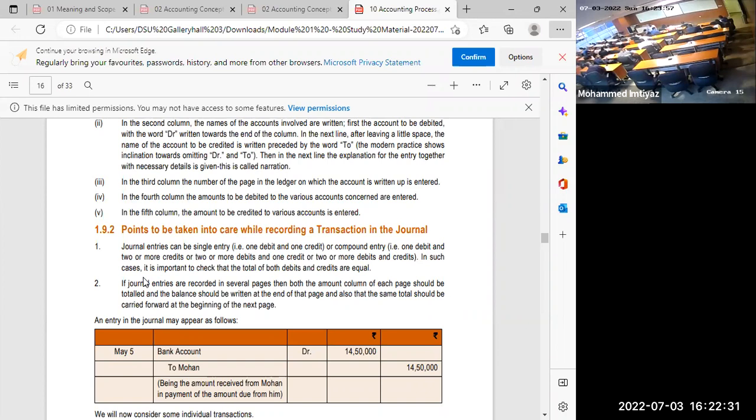Received a check for rupees 2,45,000 from Vikram and Co. In full settlement of rupees 2,50,000.